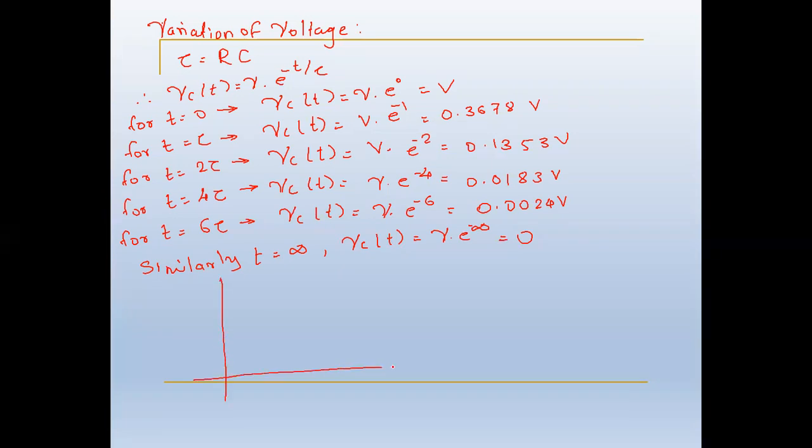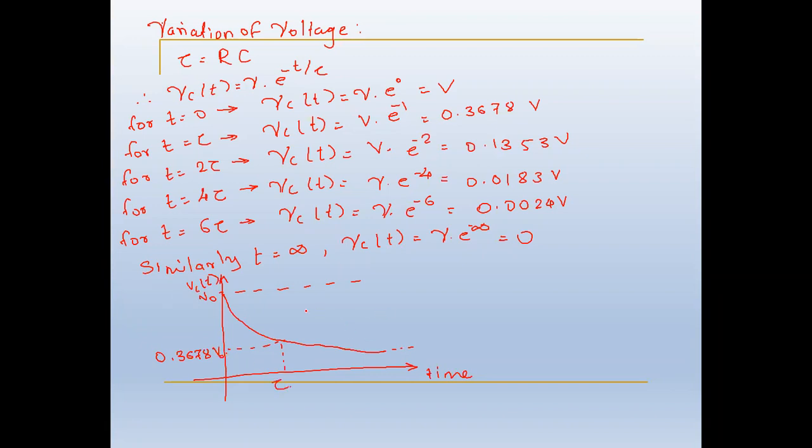If we have to draw its graph, it will be like this: somewhere you'll get V0, the axis is Vc(t), and the value is V0, then 0.3678 V0 at the time constant.